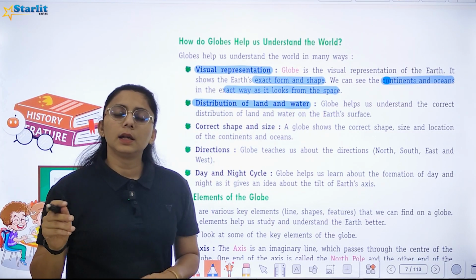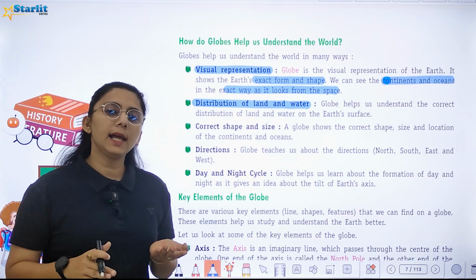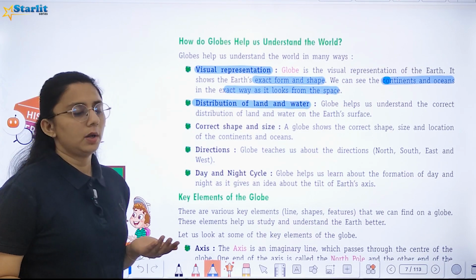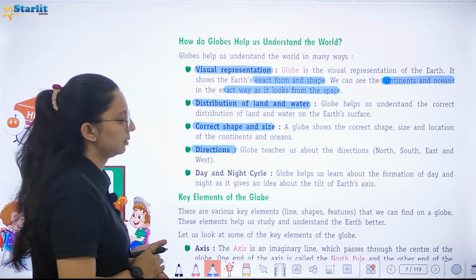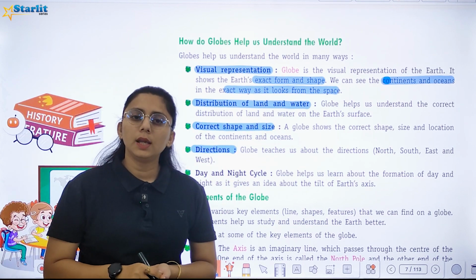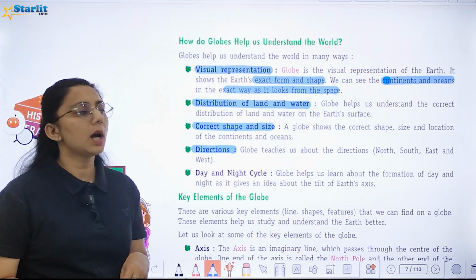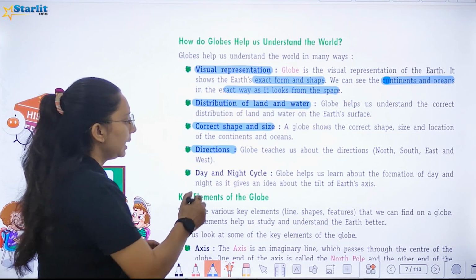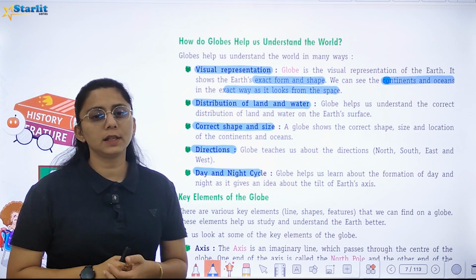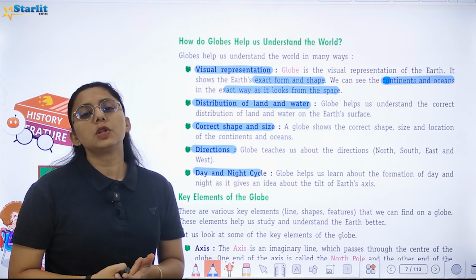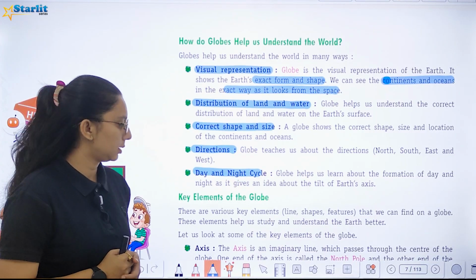As you know that it tells us about the correct distribution of land and water. कितना land है और कितना water. Right? Next is correct shape and size को बताता है. Direction, north, south, east and west. These are the four directions and we call them cardinal points also. Day and night cycle. Globe helps us learn the formation of day and night. Everyone knows due to rotation. What it causes? Day and night.